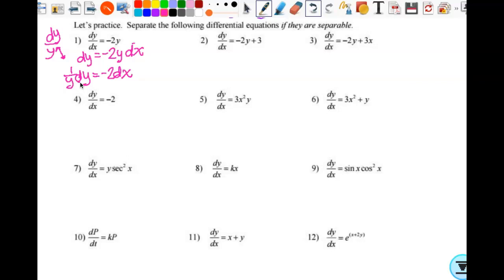Okay? We good on that? Does that make sense? All right, so you see if you can do number 2. Same thing, multiply both sides by dx. And then see if you can get just the y's on the left, just the x's on the right.